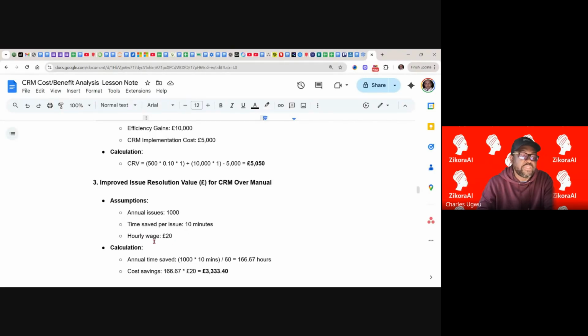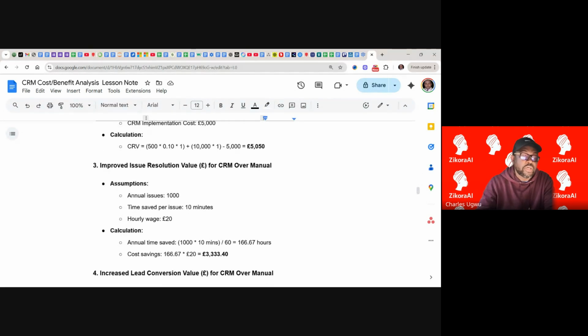The hourly wage for the people doing this job, for instance the IT support, is 20. To calculate the annual time saved, you take the total annual issues, 1,000, times 10 minutes, which is the time saved per issue, and then divide by 60, which is 166.66.